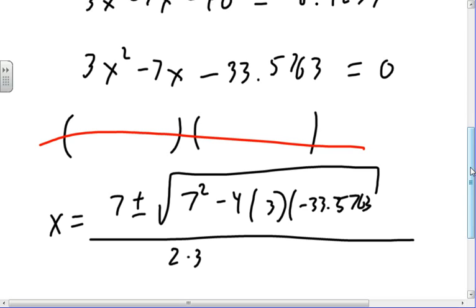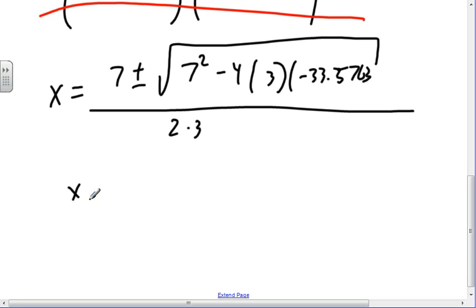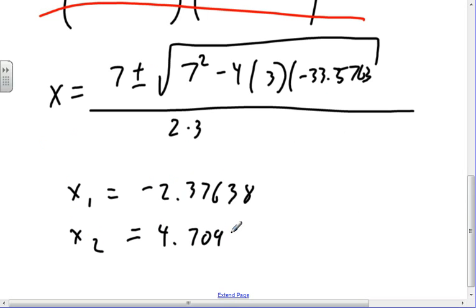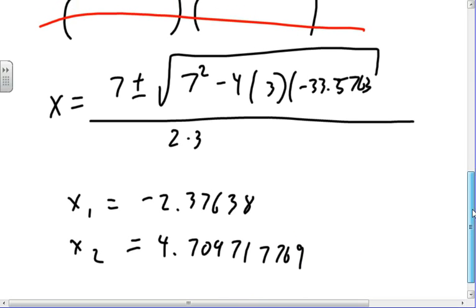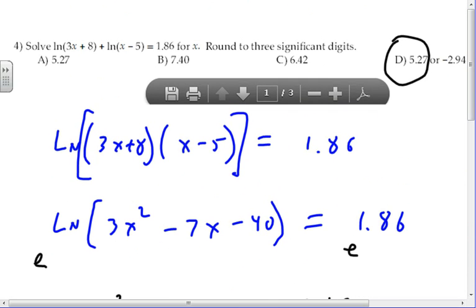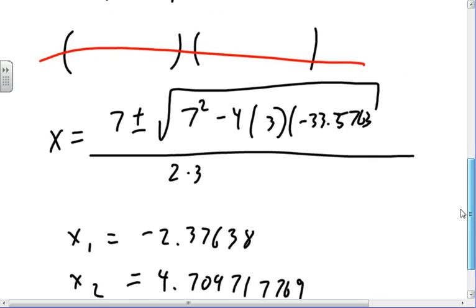And then I'll just put down that the answer is x1 is minus 2.37638, and then x2 is 4.709717769. And then I say, well, I don't have that many significant digits, but it looks like D is not correct.